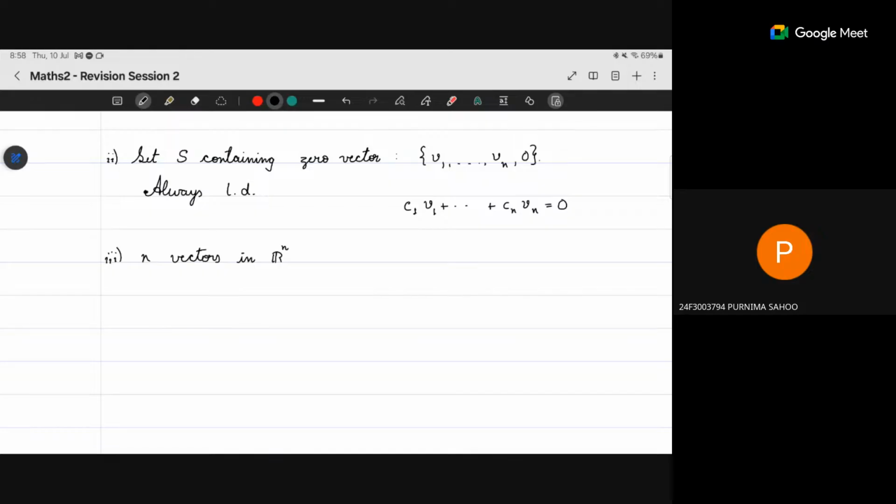What are we solving for? We are solving for possible values of C1, C2, up to Cn, which satisfy this equation. But this equation always has the solution where all Ci's are 0. That is called the trivial solution. Any other solution is called a non-trivial solution. In other words, there should be at least one non-zero coefficient.